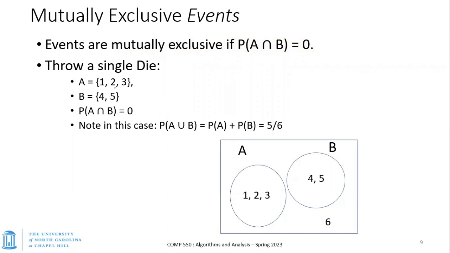I've defined A as 1, 2, 3, and B as 4, 5. You can see that none of the outcomes are common between these two events, and so they are mutually exclusive. A intersection B is 0, and the probability of A union B is now simply the sum of these two. So far so good.